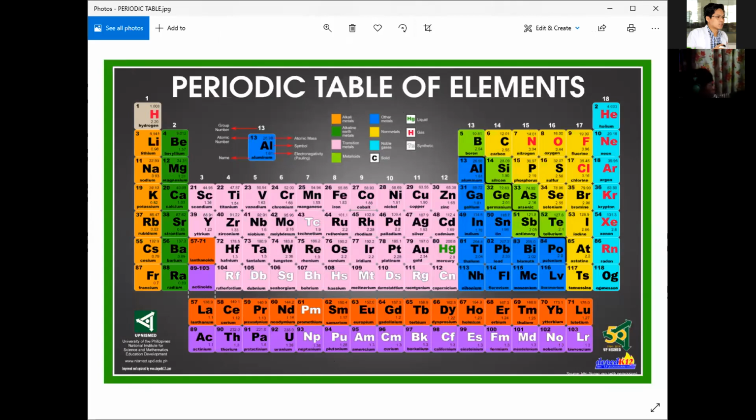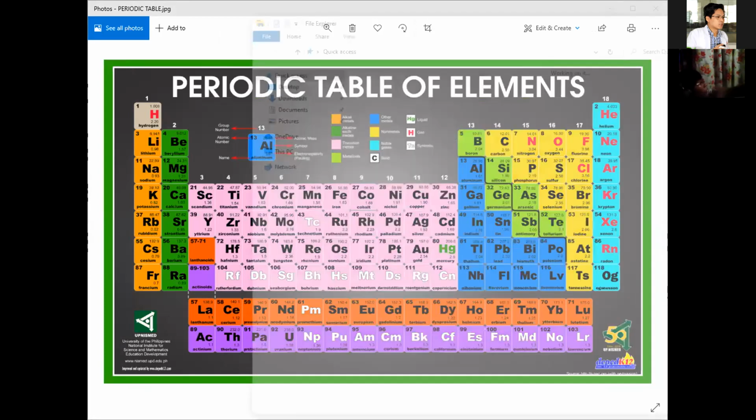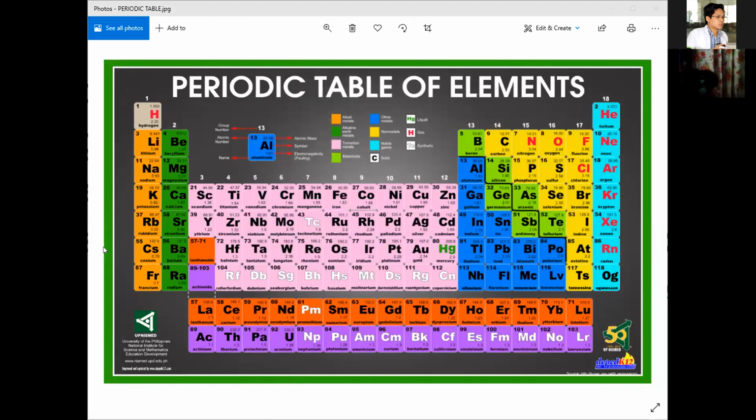Let me share the blocking. Just give me a second. I'll be projecting now the blocks. Sure, where are the S and the P blocks?